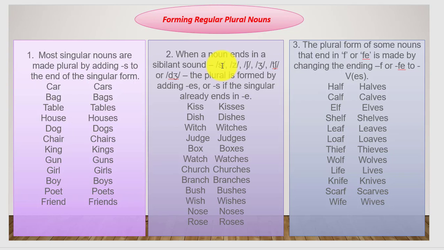We call such sounds sibilant sounds. The z sound, like in rose or nose, is also called a sibilant sound. These are called phonetic symbols. All of them you can see written over here. So this one is s, z.